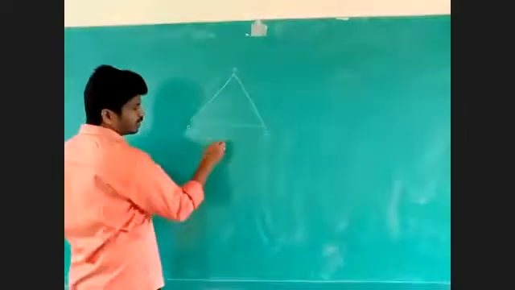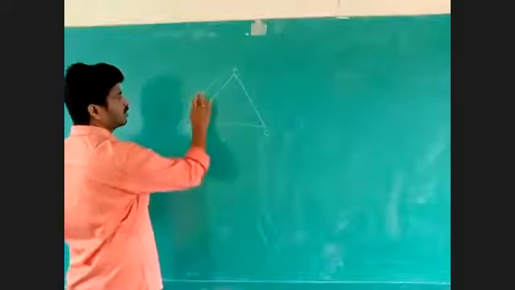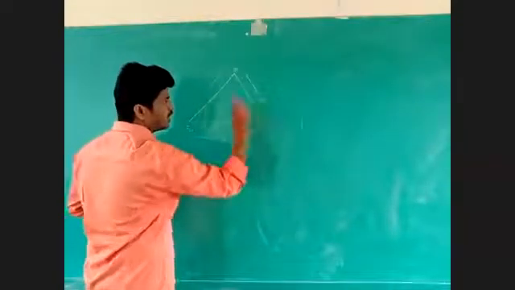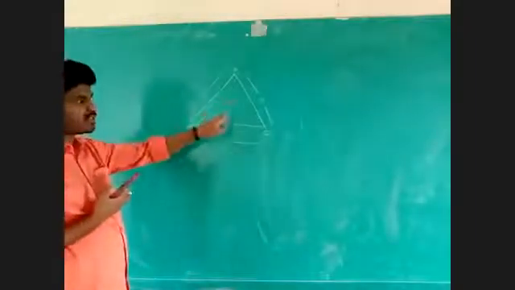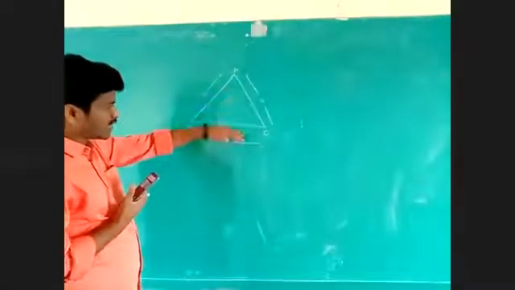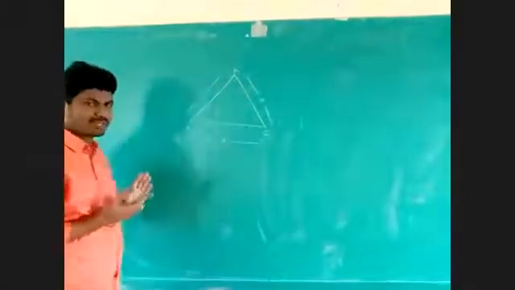Then BC is also A units, and AC is A units, because all sides are equal. If one side is 10 centimeters, then the other two sides are also 10 centimeters.